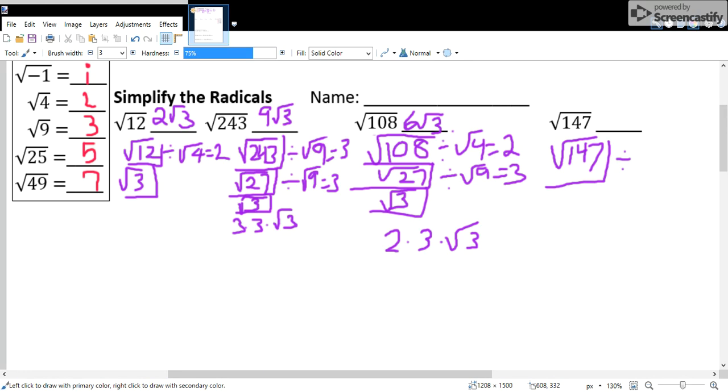So we're going to skip that, go to the next one. 147 divided by 25, which is also a decimal. So we'll look at 49. 147 divided by 49 is 3. Square root of 49 is 7. So our answer is 7 times the square root of 3. 7 radical 3.